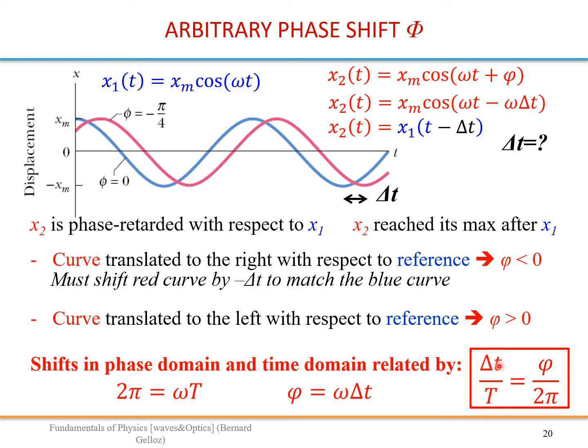Delta t is a shift, just an arbitrary difference of time, divided by a full period in the time domain. Okay, so it makes sense that the ratios are identical. And we will expand this in the space domain when we deal with waves.